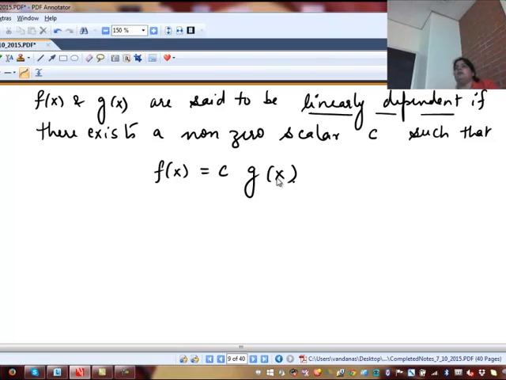Then they are called linearly dependent. And if this does not happen, they will be called linearly independent.